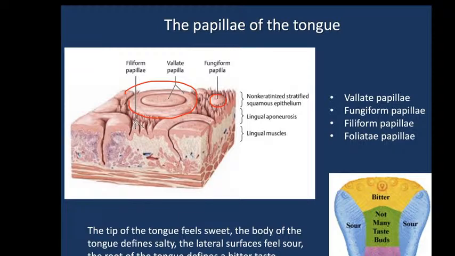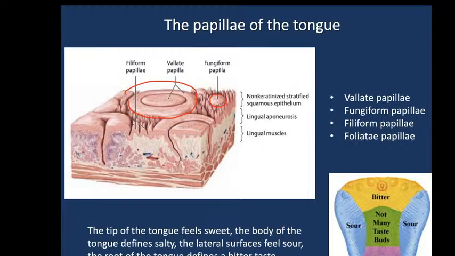Filiform, small ones, usually play the role not of tasting, but of sensation. When we touch something, we can measure the temperature of the food. That is, of course, the role of filiform papillae as well as foliate papillae. Sometimes foliate papillae can also taste the food.